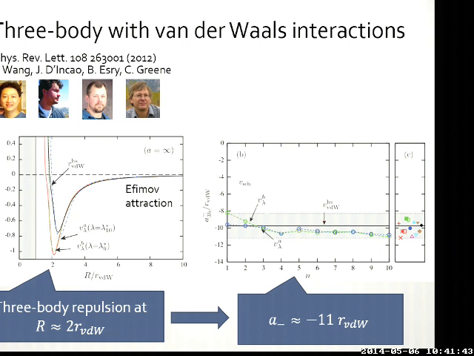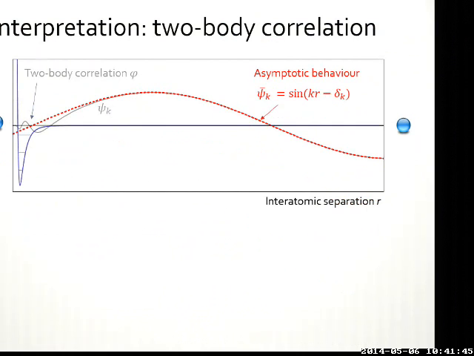So let's look first at two-body physics. Here I represent the scattering wave function at finite energy between two particles. This is their scattering potential. At large distance we have this free wave, which is just like a sine wave with some phase shift, and this phase shift corresponds, at low energy, to the scattering length, and is caused by this potential.